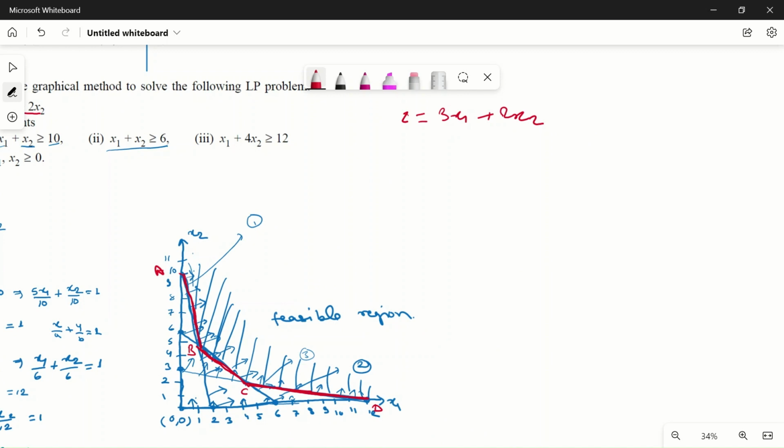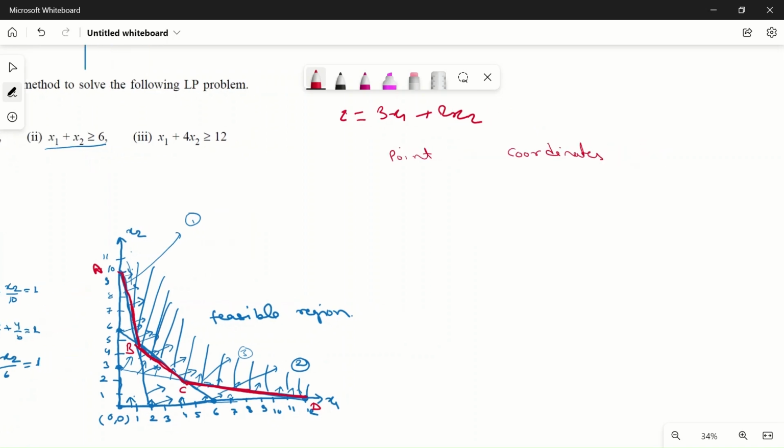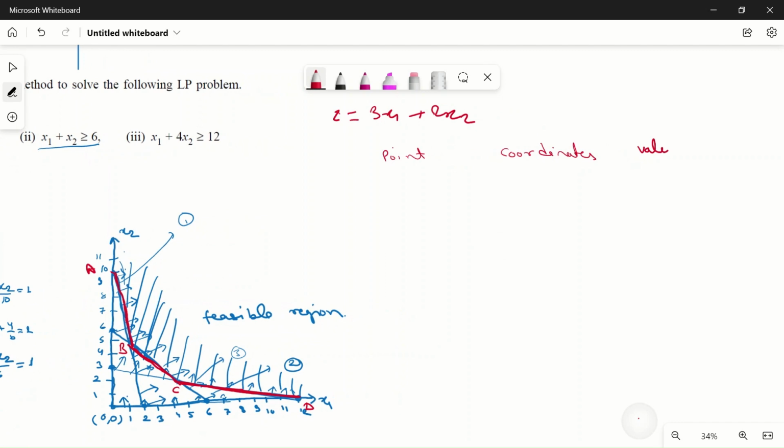We will make a table with columns: point, coordinates, value of Z. This is point A, this is point B, this is point C, this is point D. What is the coordinate of point A? It is 0, 10, because here x is 0 and this is the origin. Here x is 0 and y is equal to 10.